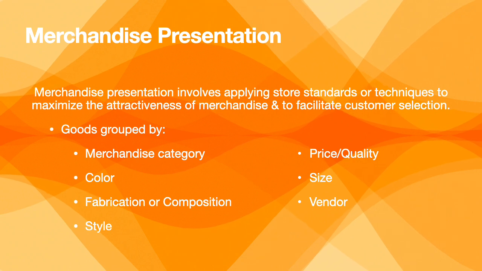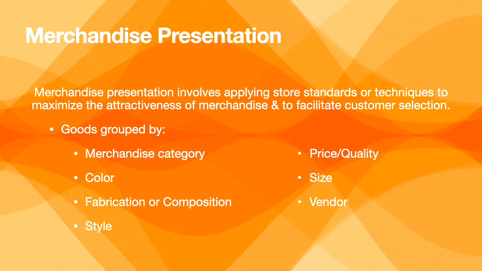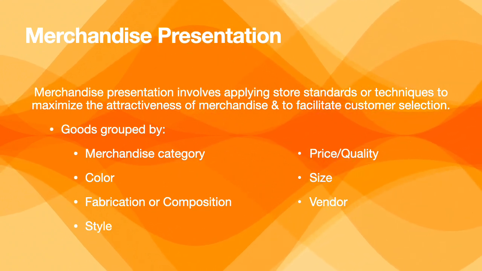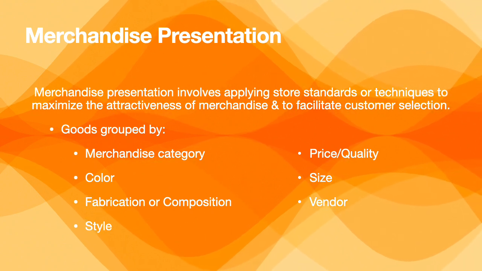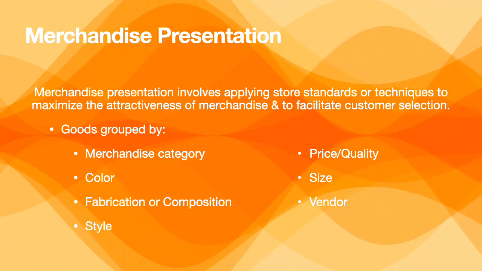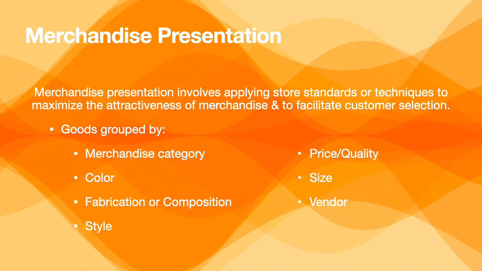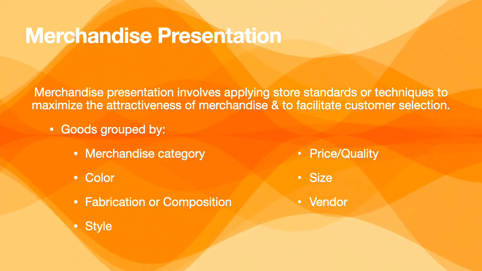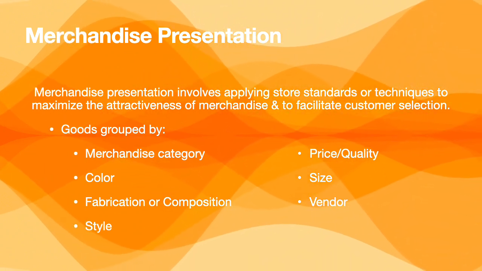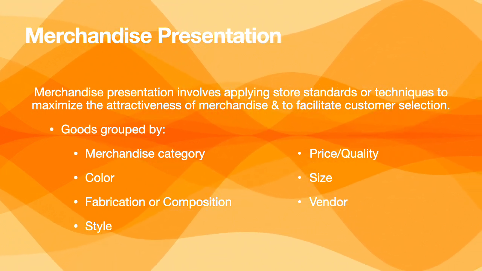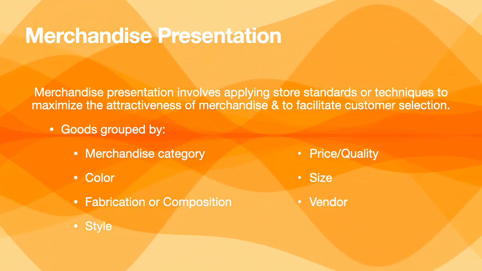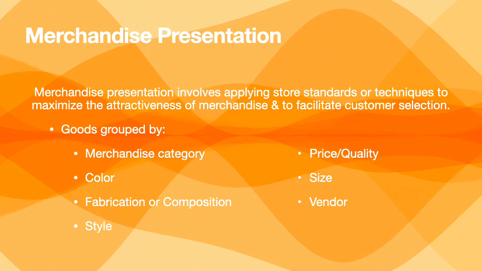Color statements are often associated with a seasonal color trend or a holiday theme. Fabrication or composition. Goods are often grouped by fabric as part of a seasonal fashion statement or to create tactile statements such as soft dressing.